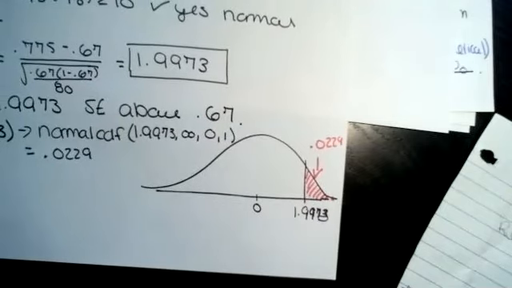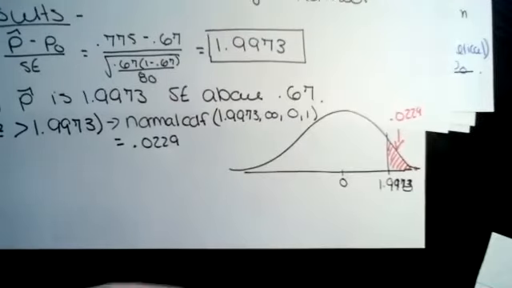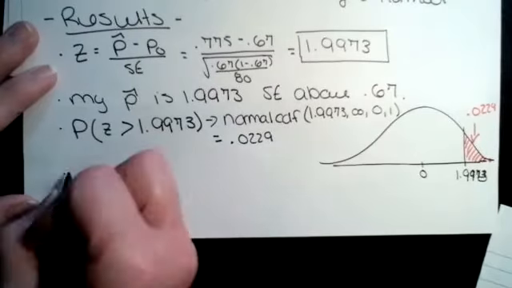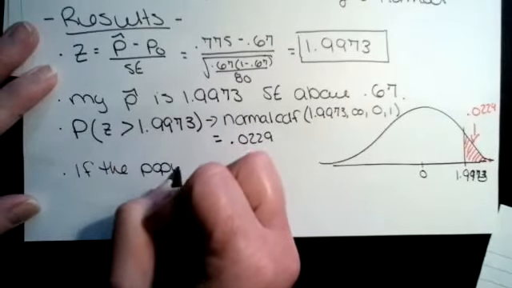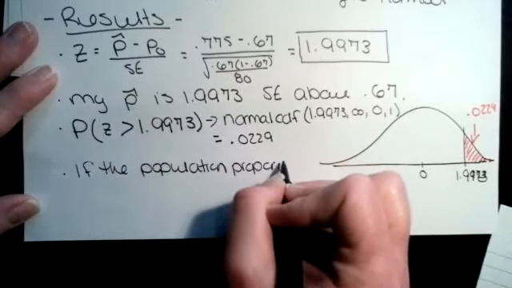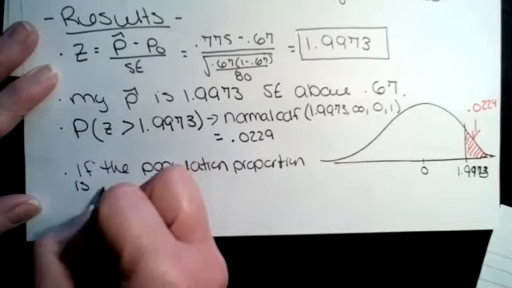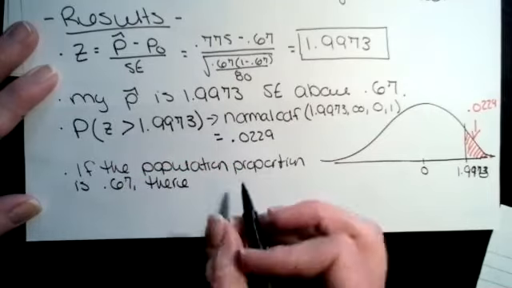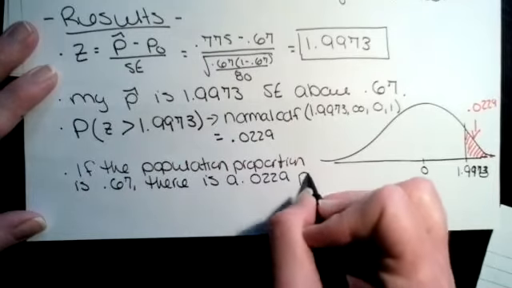That's what that means. So let's write that out. This is like the fourth step. I can kind of back that off. Okay, so this is now the fourth step. So if the population proportion is equal to 0.67, remember that's my P naught, the center of my curve, there is a 0.0229 probability.